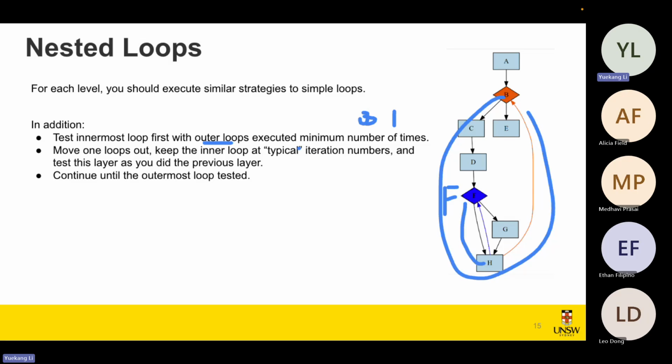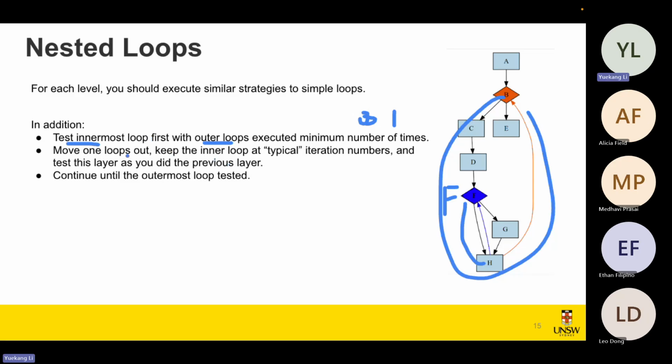But we just try to fix the number of times we execute the outermost loop. And then we can apply the special values we just learned in the previous slide to test the innermost loop. So the special values are like 0, 1, and more than 1, right?